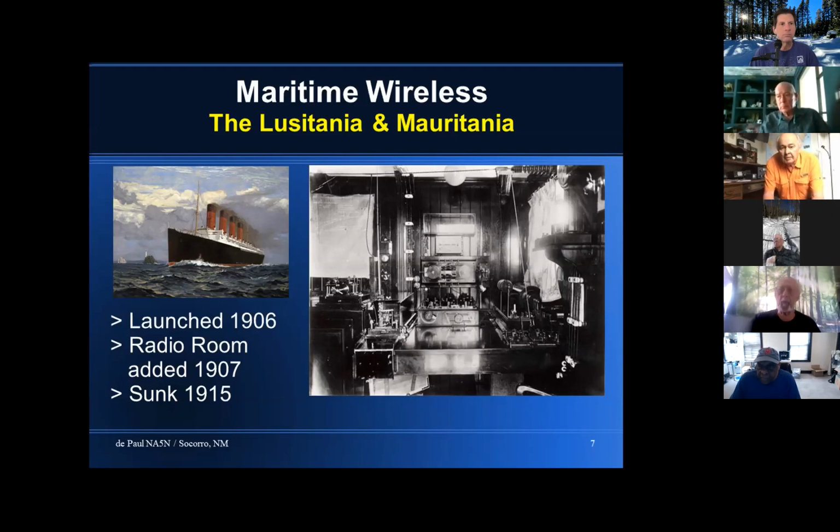Hams reported strange transmissions and also detailed ship arrival and departure on the Telefunken station in New York. Shortly after that, the Lusitania was sunk by a German U-boat off the coast of Ireland, which resulted in the United States joining the war.